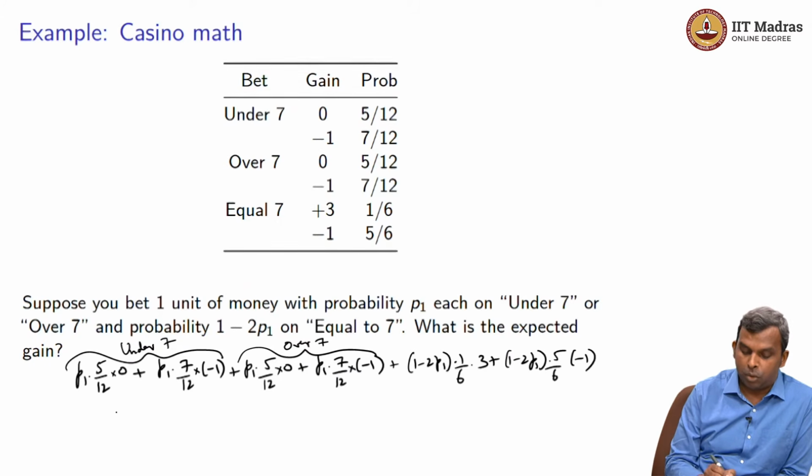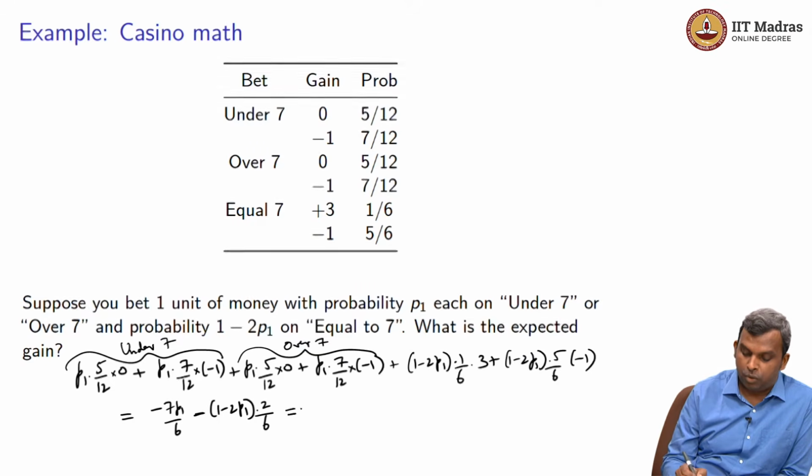So it's a straightforward little calculation here. If you simplify, this 0 will not play any role here, so we get minus 7 P1 by 6 plus, if you take 1 minus 2 P1 common, I'm going to get 3 by 6 minus 5 by 6, that's minus 2 by 6, anyway it's negative. So minus 1 minus 2 P1 times 2 by 6.